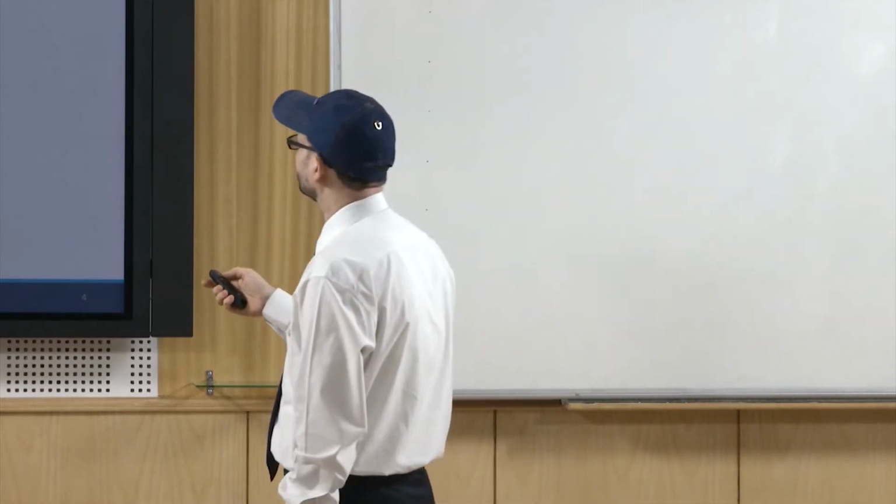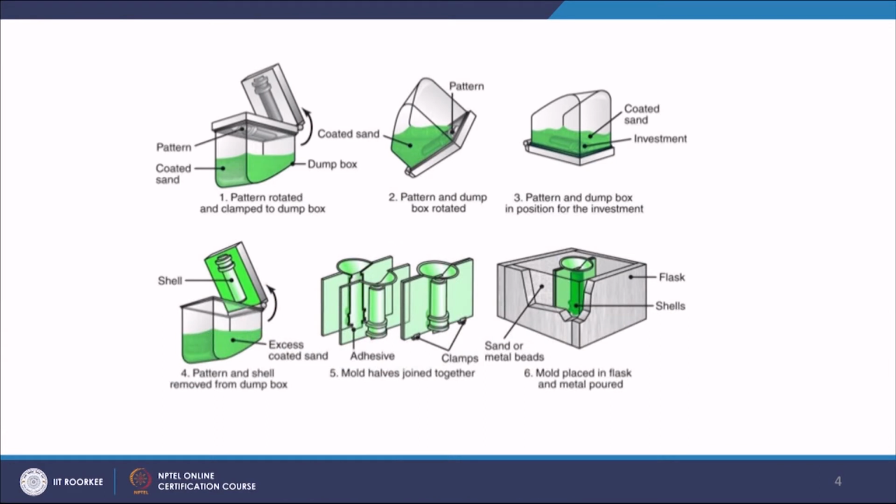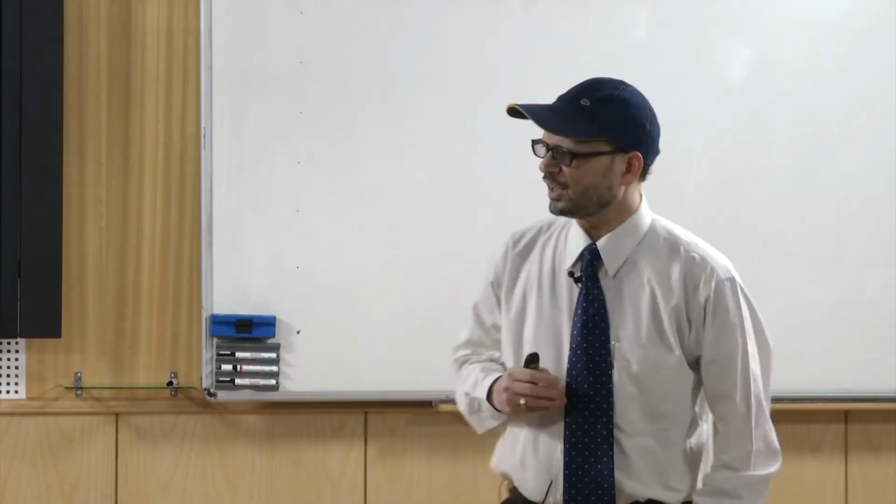Slowly with time the thickness of the cell is formed. After a predetermined time, this is inverted, the unbonded sand particles are left over, and you get one half of the mold or the core, be it. This way you can get the halves, either drag or cope portion of the cell.